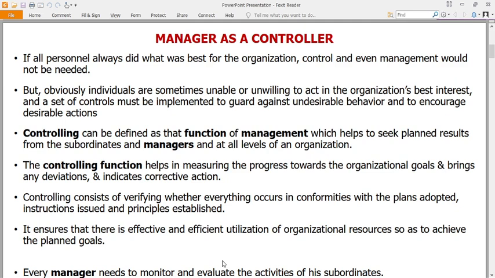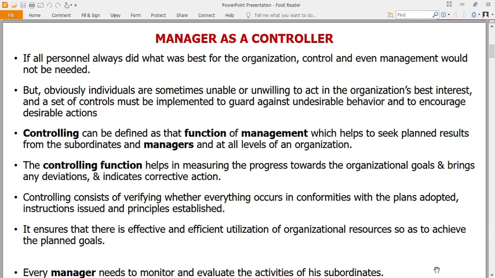And therefore, controlling can be defined as a set of management functions that help seek planned results from employees or subordinates. So this will help in measuring progress towards the organization goals and to bring any deviations that might exist for a corrective action.